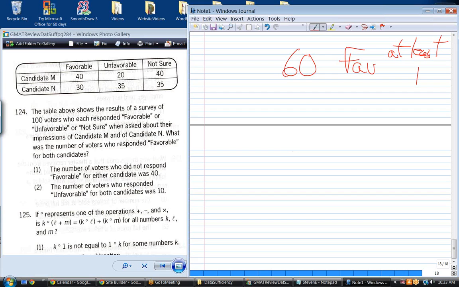Ah, you're onto something there, I think. If we know that 60 people voted favorably for at least one, and we know that there were 70 favorable votes, then there has to be exactly 10 people who voted favorable for both.